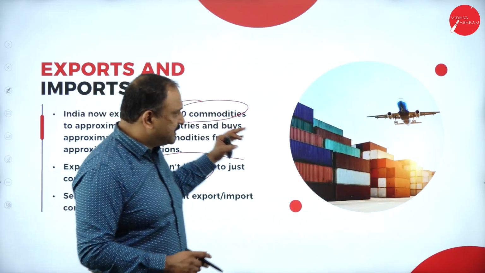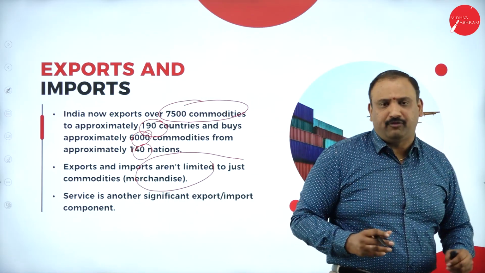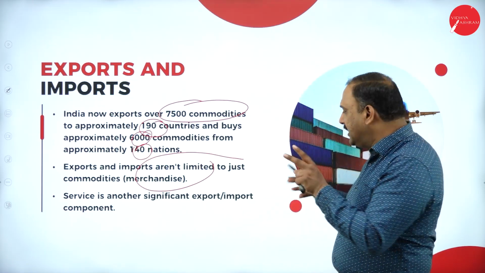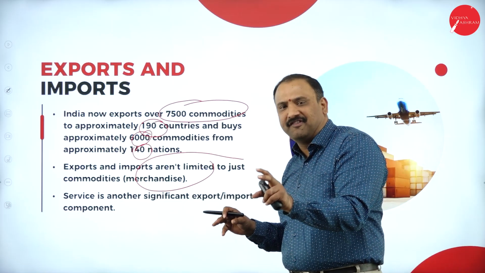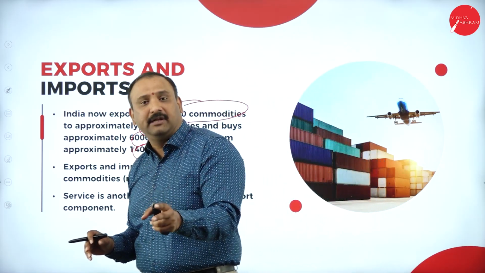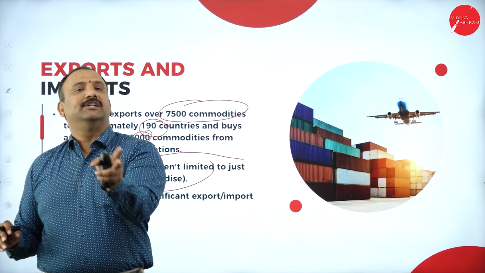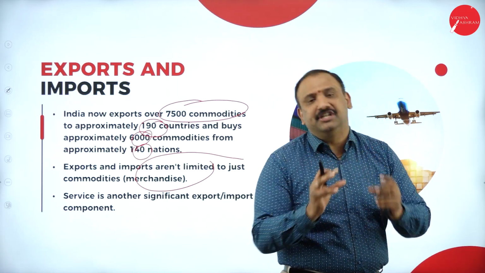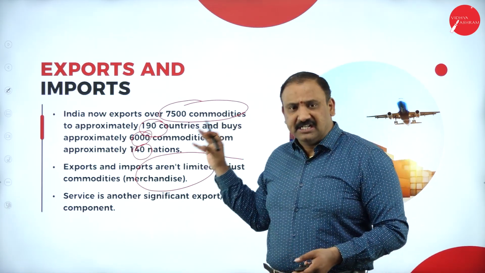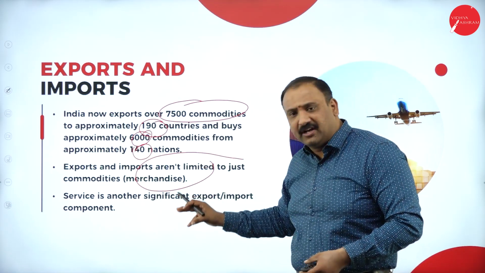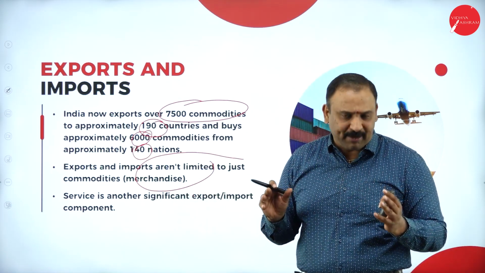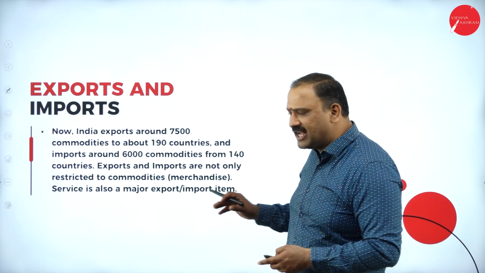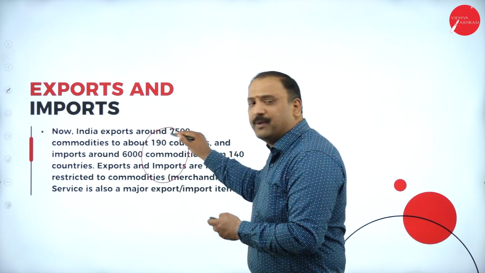When we talk about this word foreign trade itself, you will be surprised to see that somewhere down the lane we have been working on a very significant factor of creating bilateral relationships between many countries across the globe, and that's how we have now become the world's number one trading nation. You can just look at the numbers: 7,500 commodities, 190 countries. This is where we are expanding, followed by the exports and imports, and services also coming up in a very big way here.